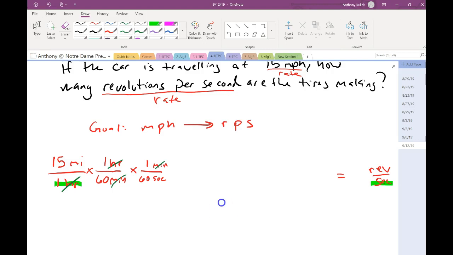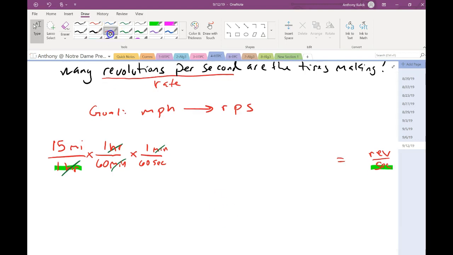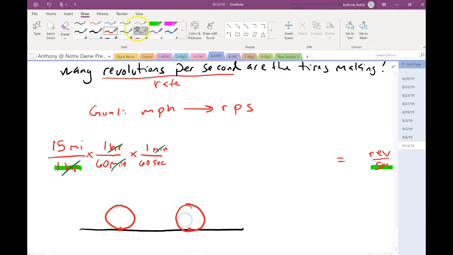So let's think about what a revolution really is. To figure out how far a revolution is, I need to figure out if I have my tire and it spins 1 time, like how far did it go?